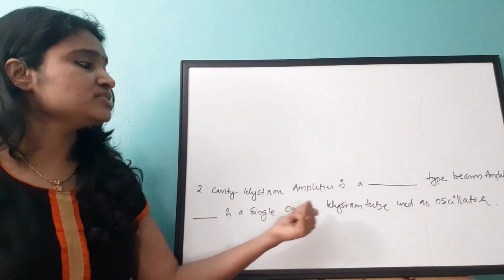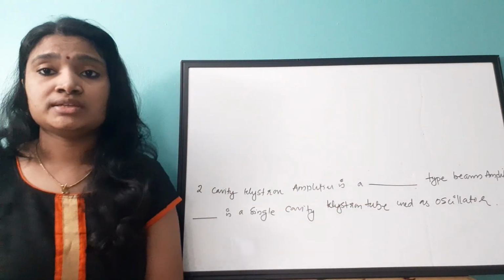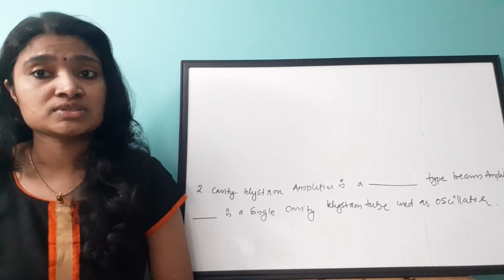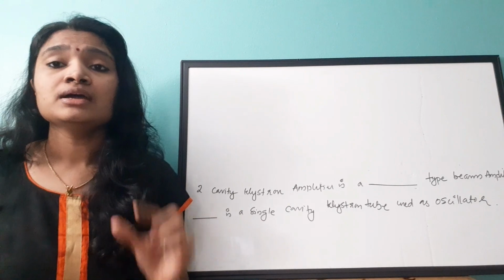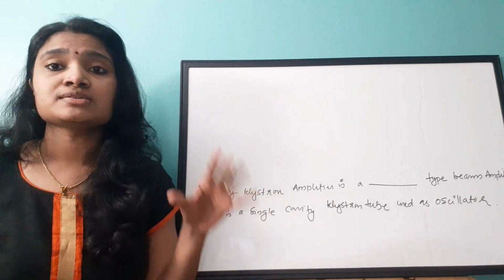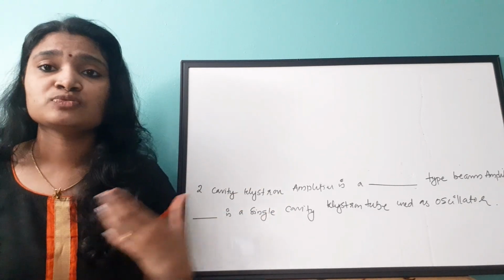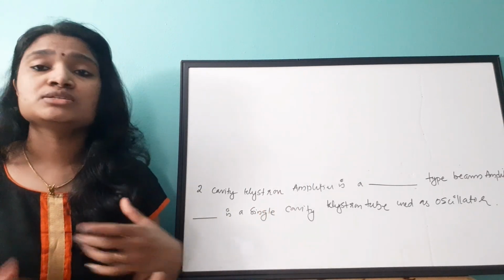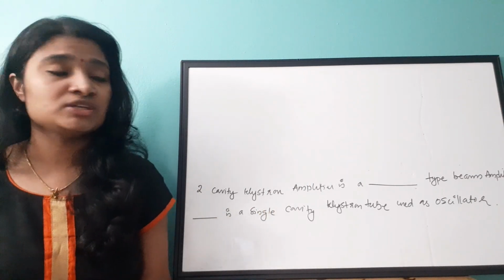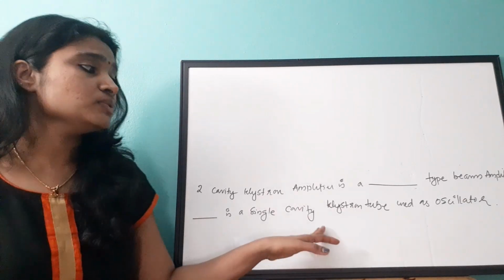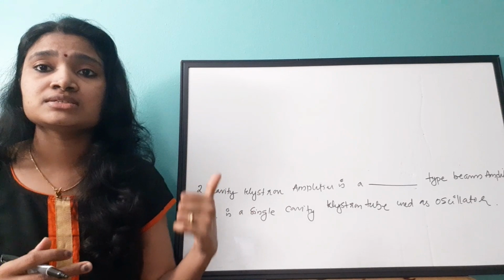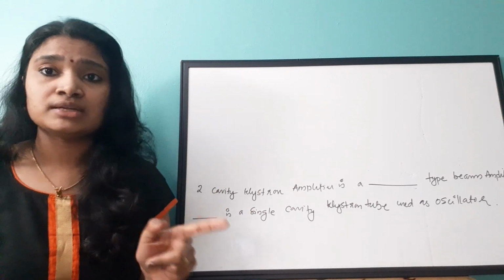Dash is a single cavity klystron tube used as oscillator. Reflex klystron is a single cavity tube which can be used as oscillator. I have told in the beginning that this klystron can be used as oscillator and amplifier. That is, for oscillating or generating of waves, and also for amplification purpose. In today's video we have discussed klystron with two cavities, Buncher and catcher.